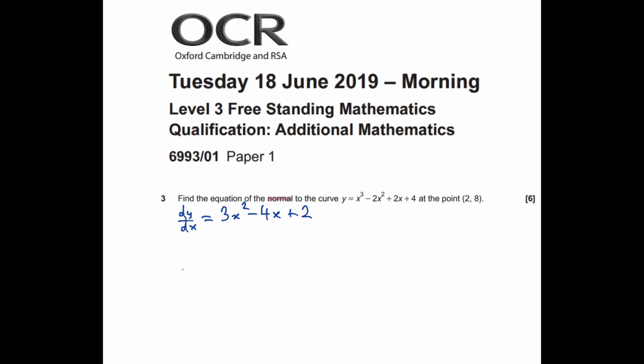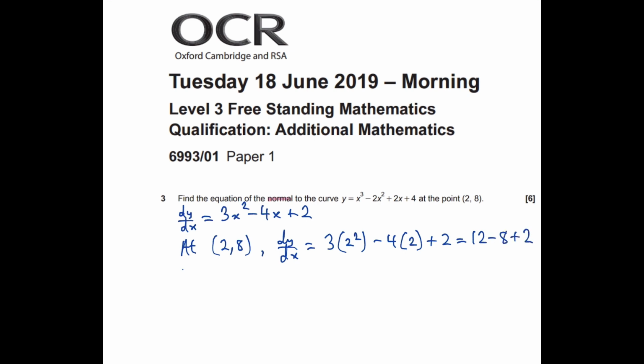And we want the gradient specifically at the point (2, 8). So I'm going to sub this in to our gradient. So at this particular coordinate, our dy by dx is going to be 3 lots of 2 squared minus 4 lots of 2 plus 2, and that will equal 4 times by 3, which is 12, minus 8 plus 2, which is 6.